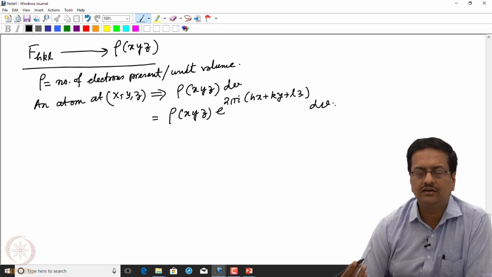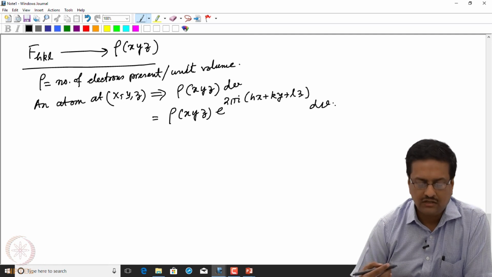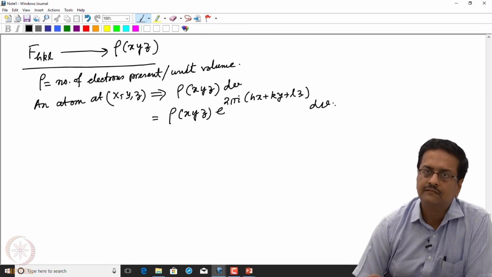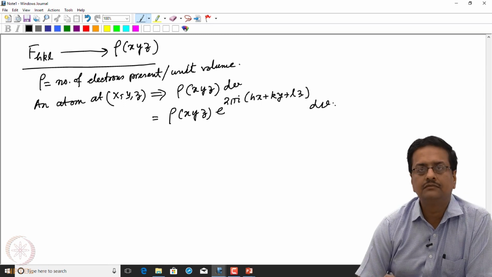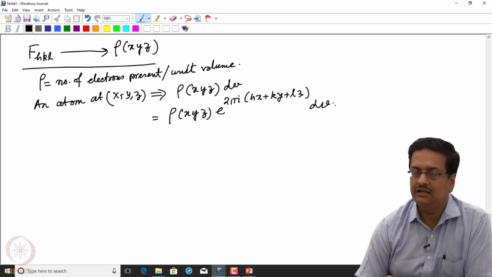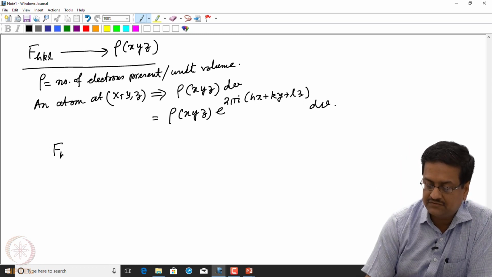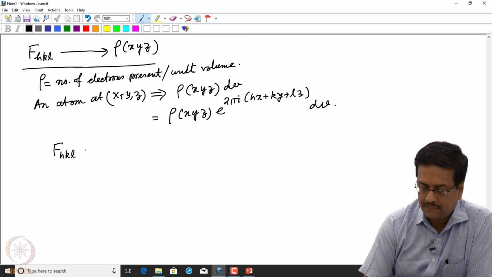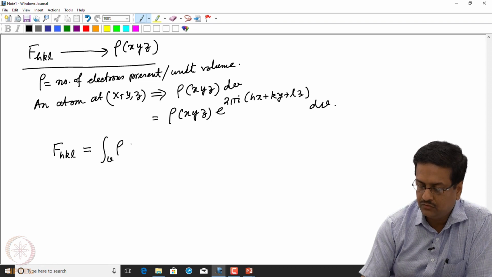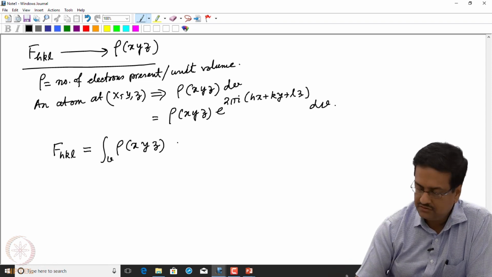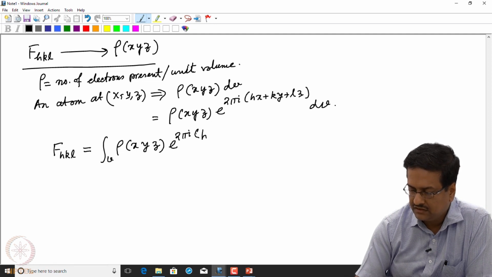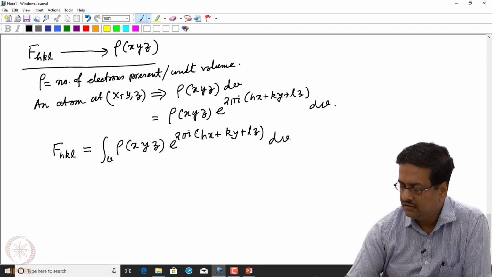When we add the contribution of all such atoms and relate it to the corresponding structure factor, then for scattering from all those electron density sites located at various xyz, having the volume element dV, we can write the structure factor as F(HKL) equal to the sum over V of rho(xyz) e to the power 2 pi i (hx plus ky plus lz) dV. Let us write this as equation number 1.